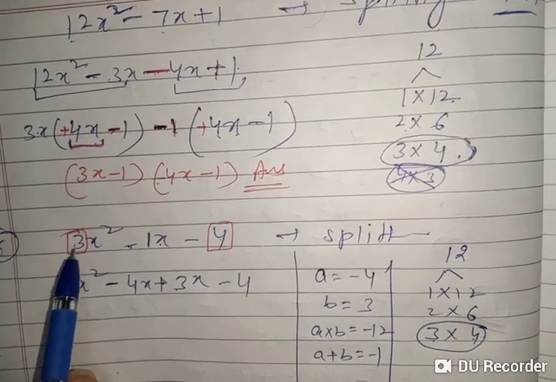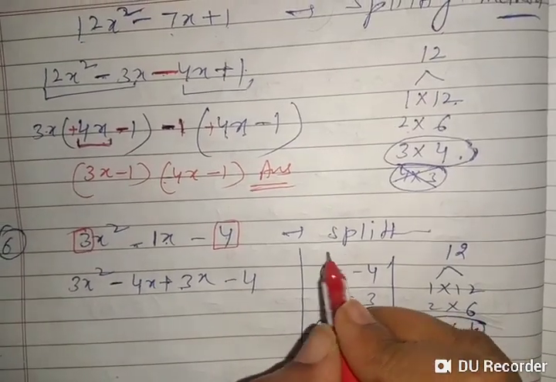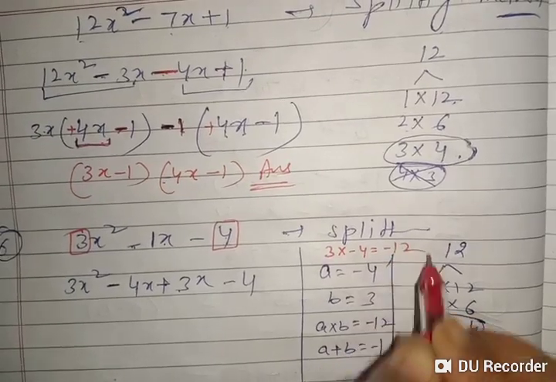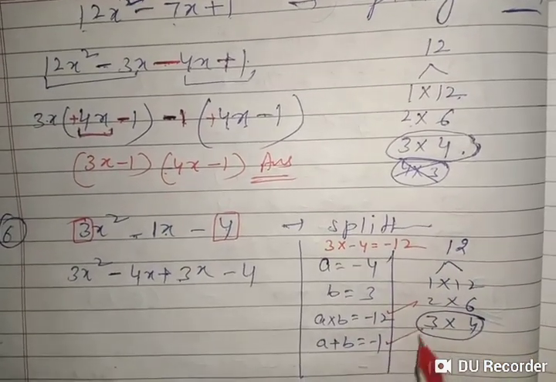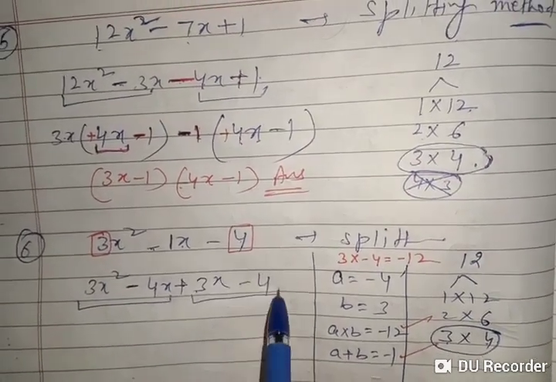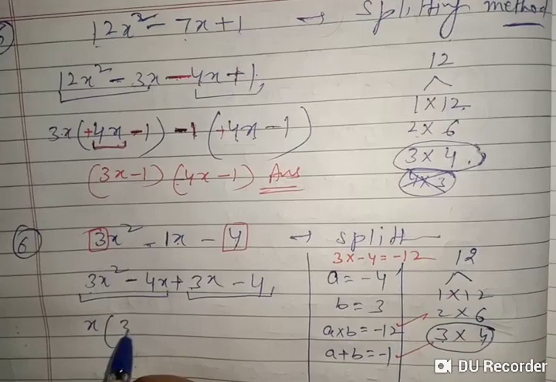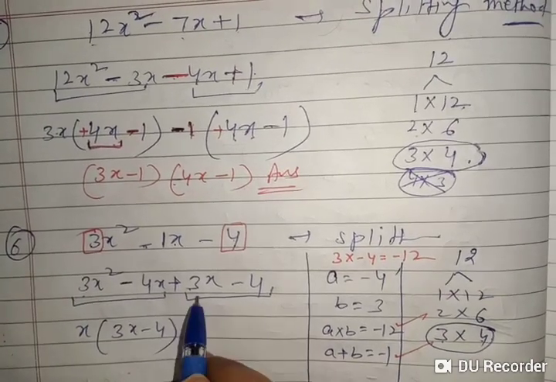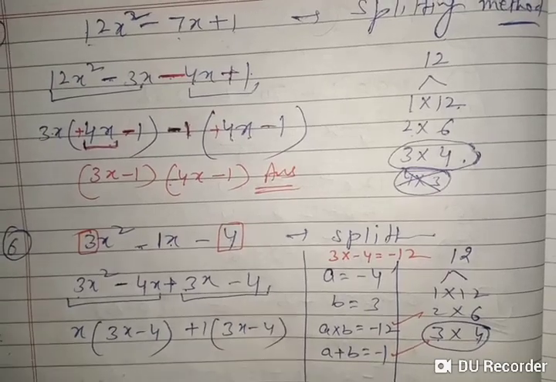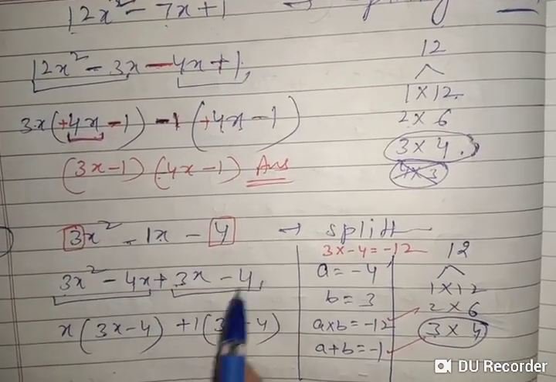You can write here that 3 multiplied by minus 4 is minus 12. So this is right. Now you can take common. What is common in these two and these two? Common is x. So this is 3x minus 4. What is common? Plus 1. This is 3x minus 4. The sign of 3x is plus, 3x is plus. The sign of 4 is minus, 4 is minus.